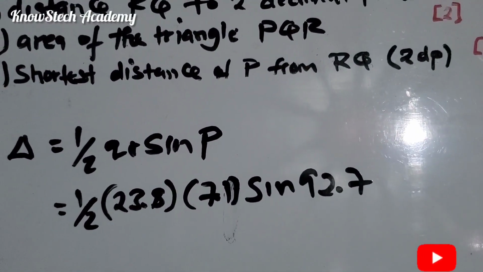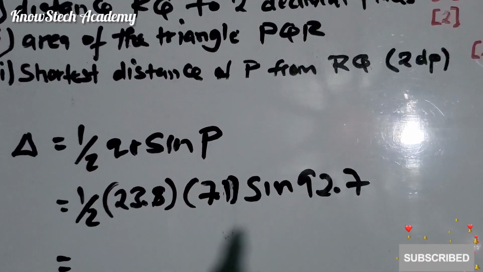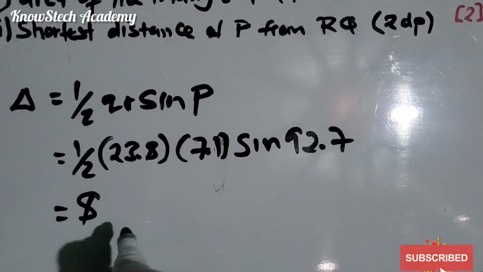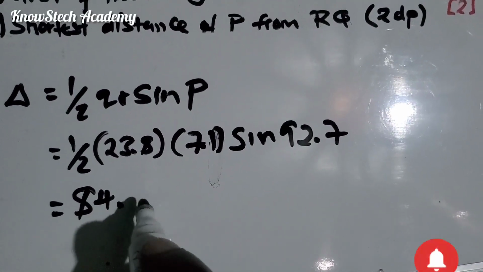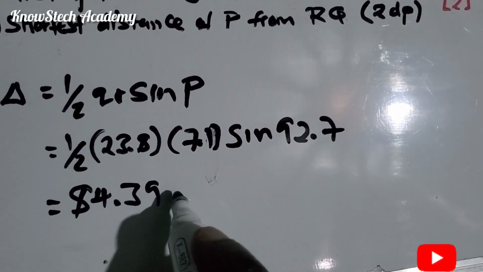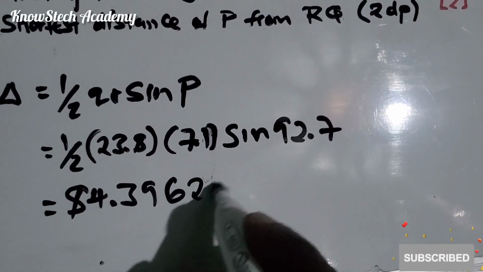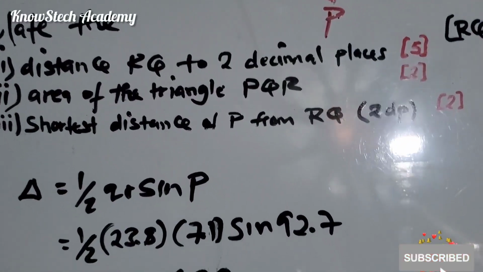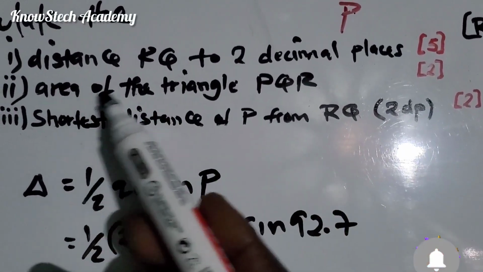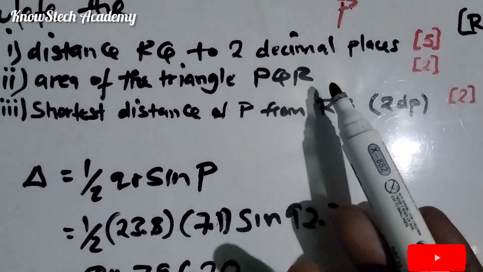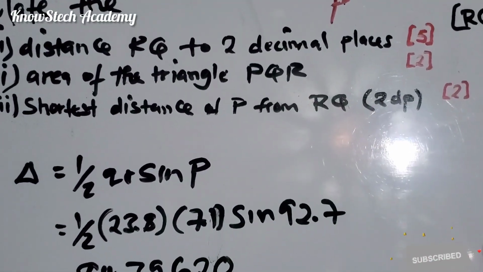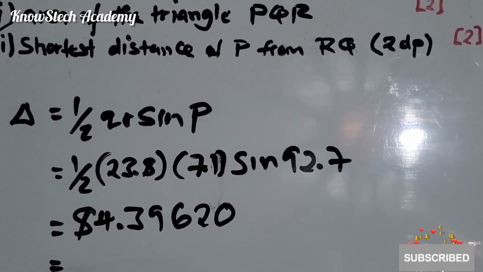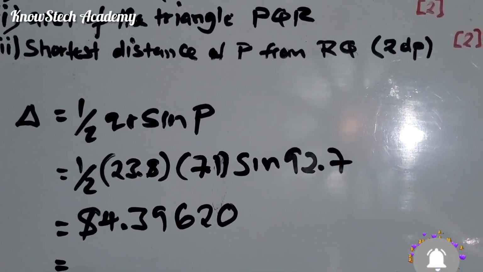Okay, when you punch everything in on the calculator, we're going to find 84.39620. Then what is the instruction saying? Since this is area, and the degree of accuracy is not specified, whether we should leave our answer to 2 decimal places or any significant figure, if the degree of accuracy is not specified, we leave our answer correct to 3 significant figures.